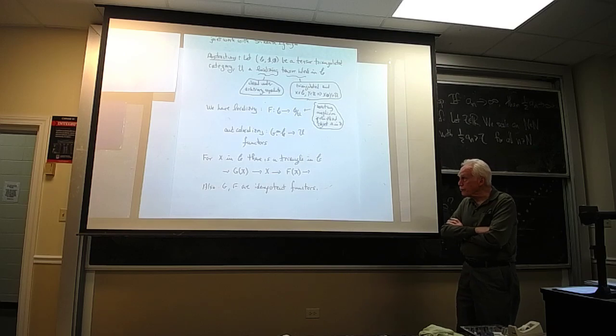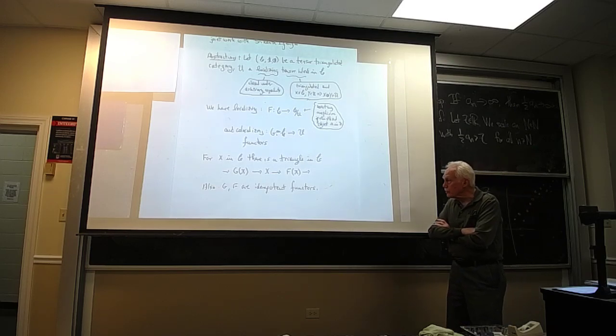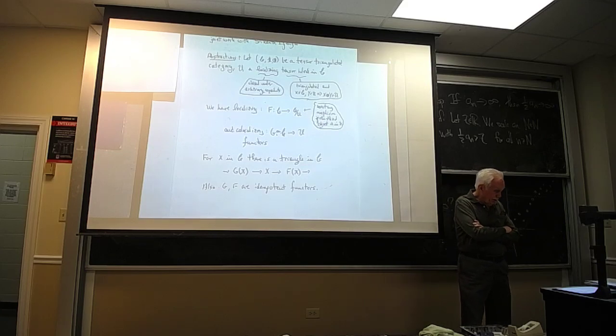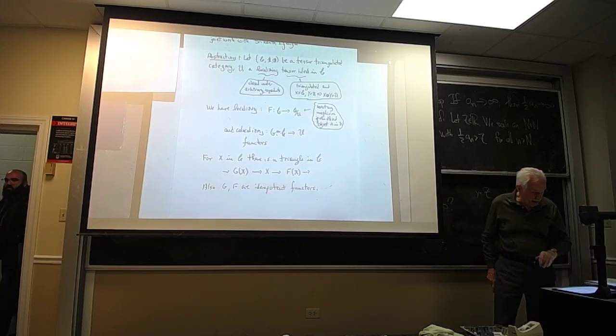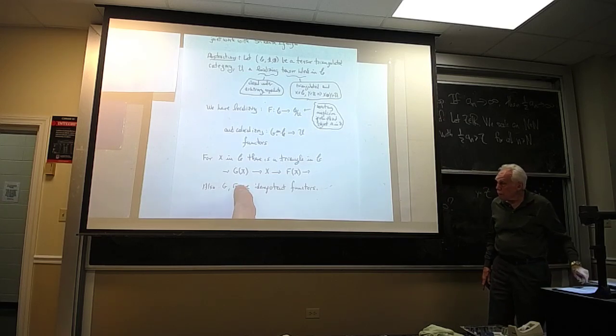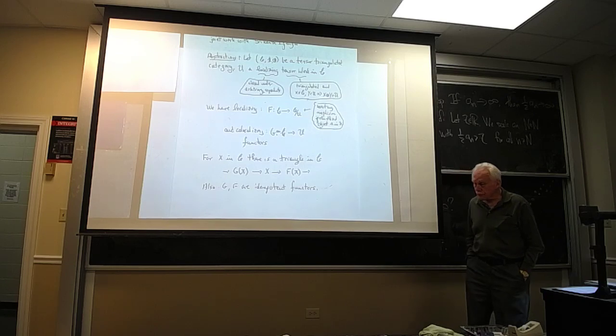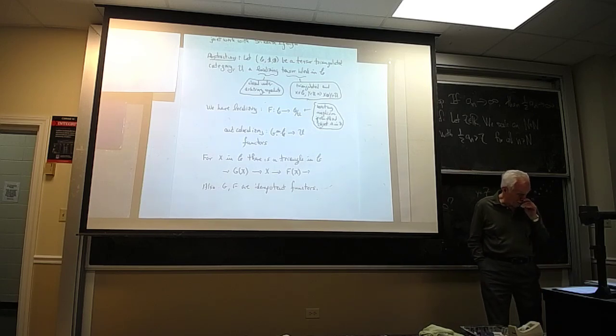And so we've got these two functors. For any x in the large category, we have a triangle that goes from G of x to x to F of x. So it goes from an object in the subcategory to the object x to something in the localized category.